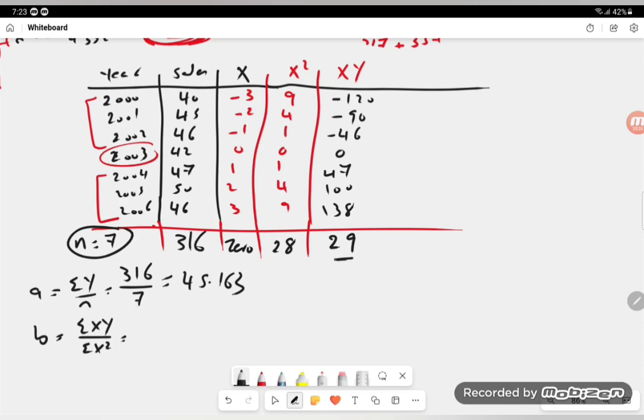Summation xy is 29 and summation x squared is 28. So it's 1.016. So we can write the trend equation as y equal 45.163 plus 1.016x.